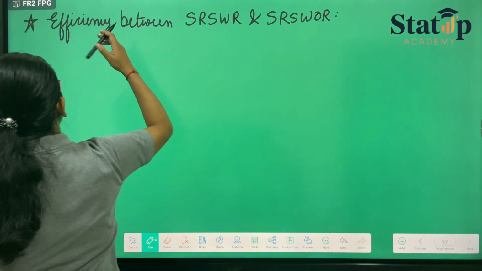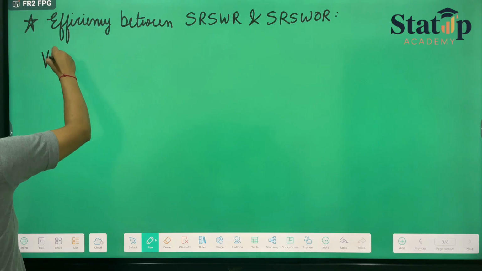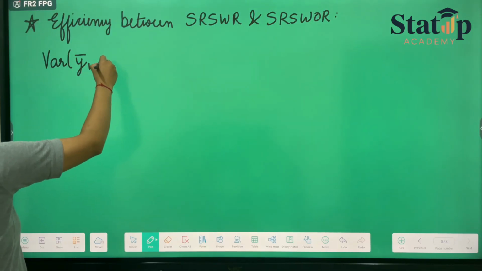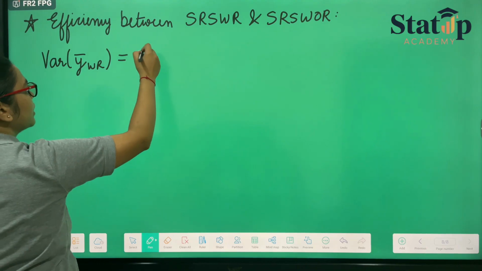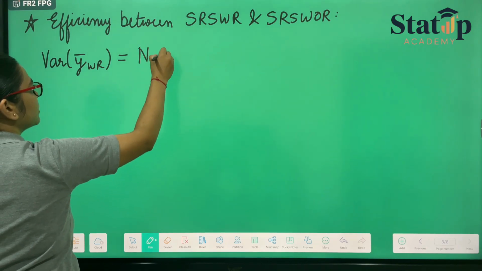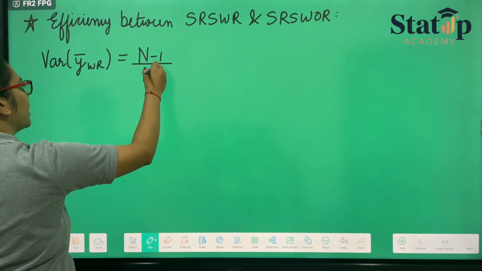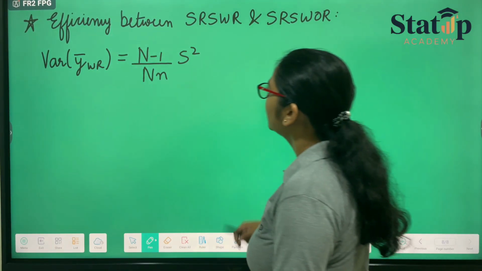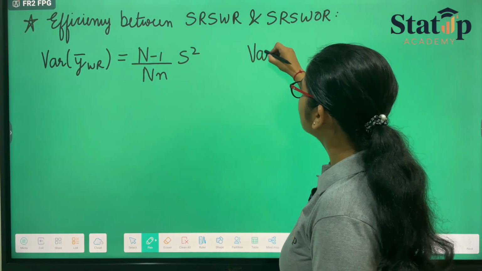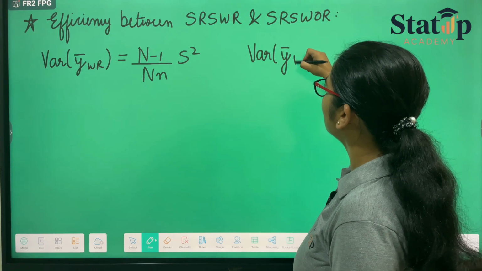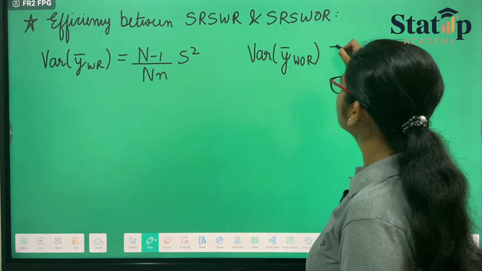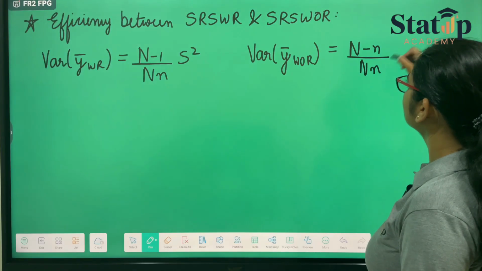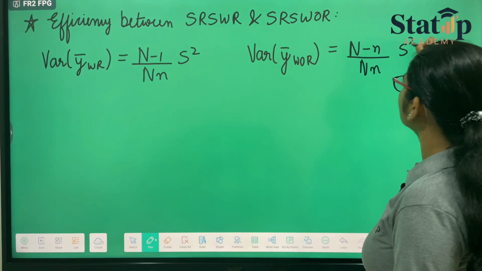Now we know that variance of y bar with replacement is nothing but n minus 1 upon n, capital S square, right? And variance of y bar without replacement is capital N minus n upon capital N n, capital S square.